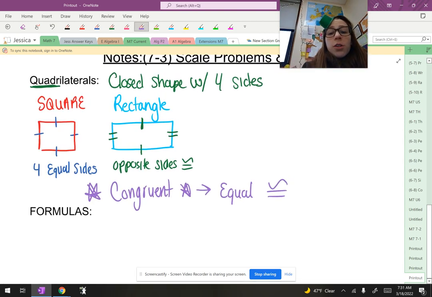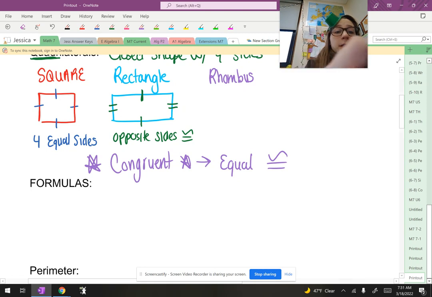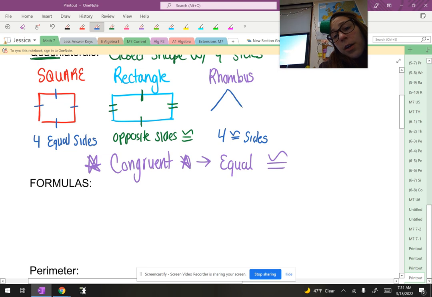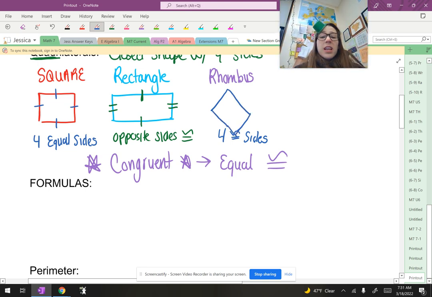Up next, we're going to talk about a rhombus. A rhombus, very similar to a square, also has 4 congruent or equal sides. The only difference from the rhombus to the square is that the rhombus is kind of slanted.